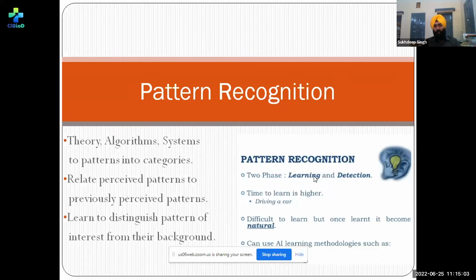In the same way, whenever we use different statistical models for pattern recognition, we need to provide a number of features and a large amount of data for learning. But when the machine is trained efficiently and sufficiently, it can recognize future patterns also.